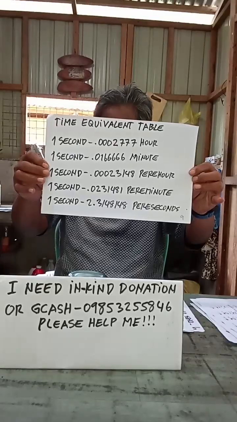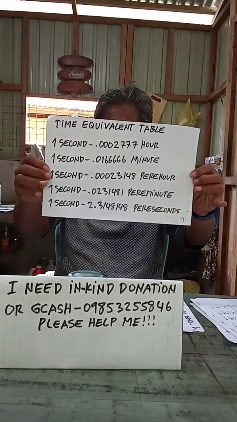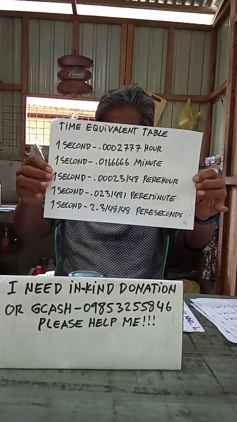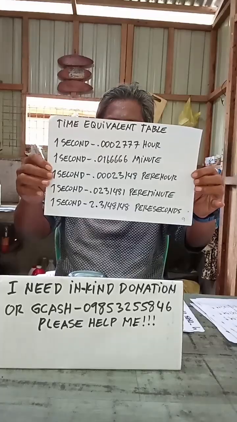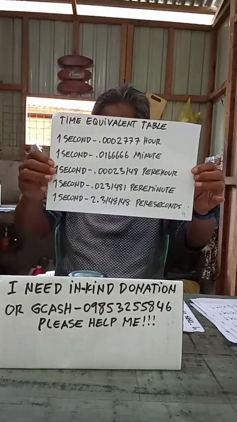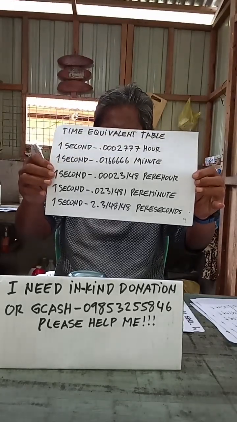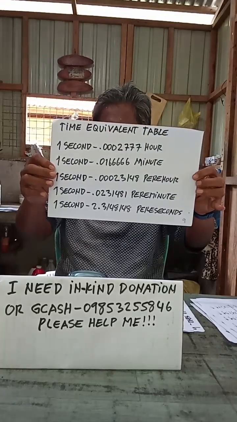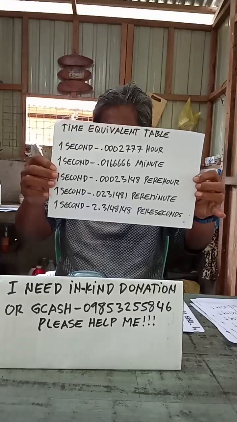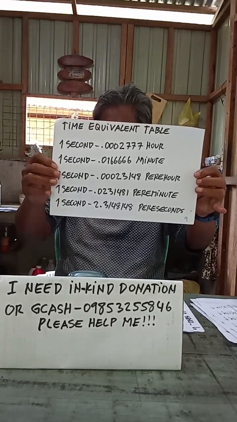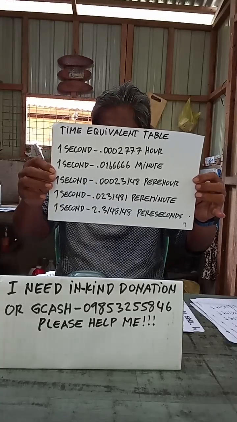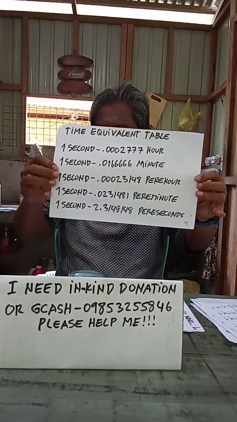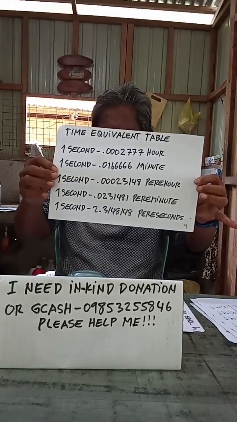And the last one, time equivalent table. 1 second is equal to 0.0002777 hour. 1 second is equal to 0.016666 minute. 1 second is equal to 0.0002348 per hour PST. 1 second is equal to 0.0231481 per minute PST.